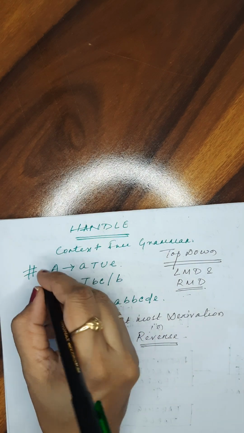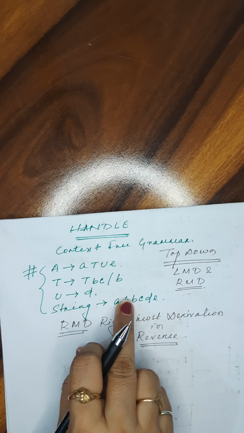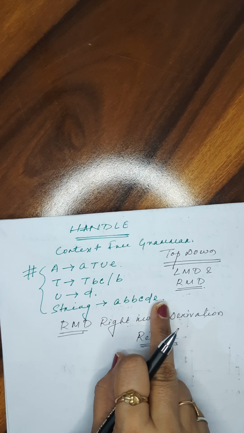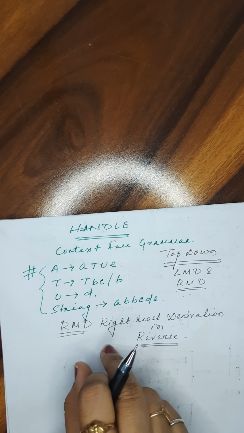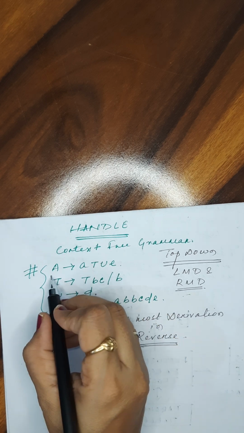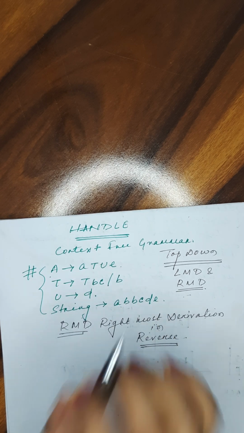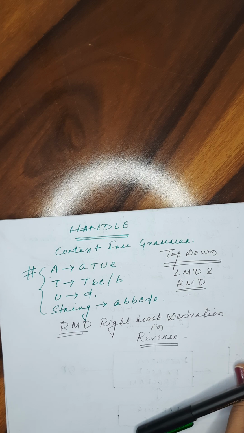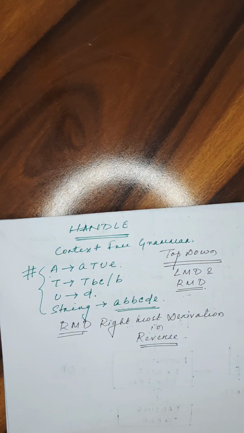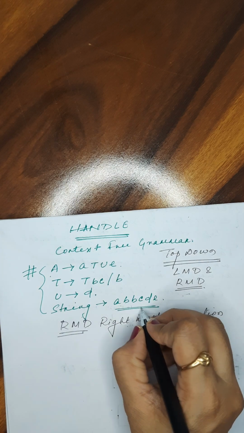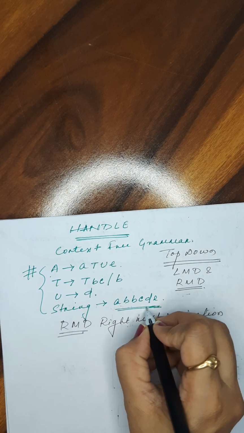What have we taken? We have taken this set of grammar, and the string is given to you. So what does the logic say? The logic says that we have to start with the starting symbol and end with the starting symbol only. But here the string is also given. So what is the basic ideology of a handle?